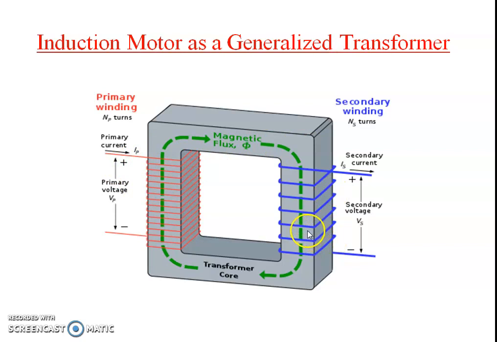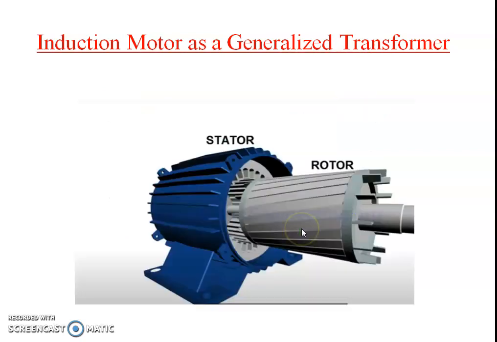According to Faraday's first law, EMF is induced in the secondary winding of the transformer. Similarly, for the induction motor, whenever we give supply to the stator winding, the stator current flows through the stator winding, and because of this stator current, flux is produced in the stator winding.